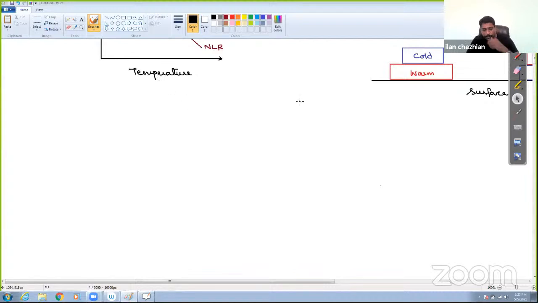I was just talking about temperature inversion. I'll repeat again. I simply said with increasing height, temperature generally decreases in troposphere.